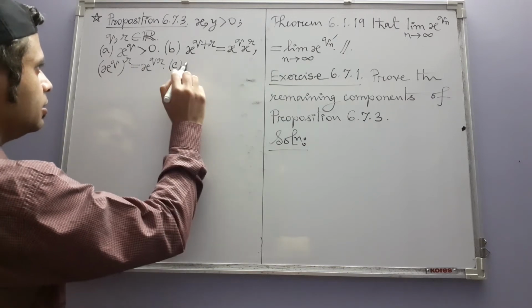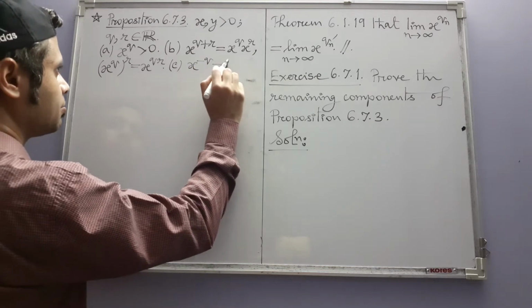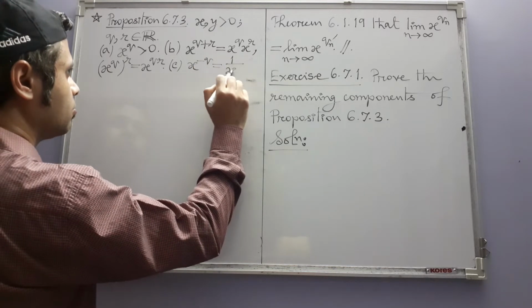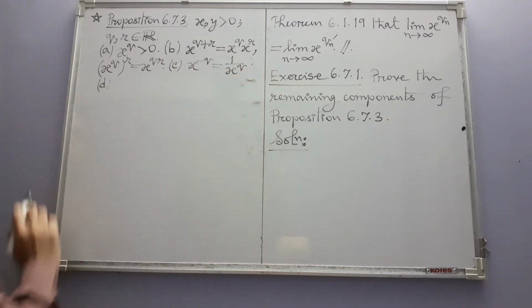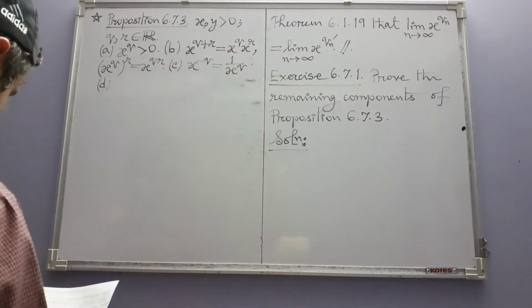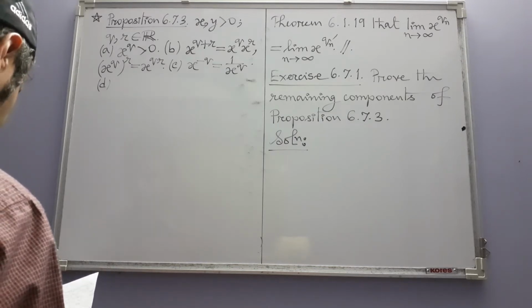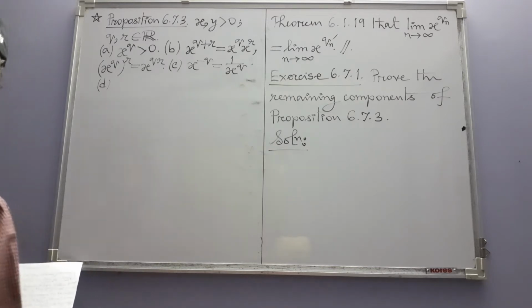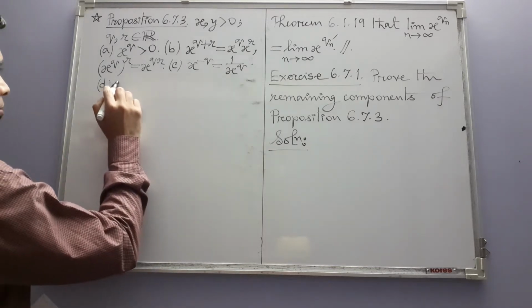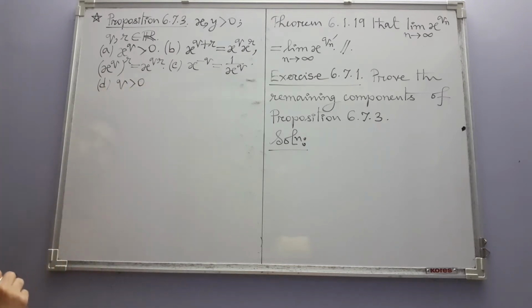Then part C is something like this: x to the power minus q is 1 over x to the power q. Parts D and E involve inequalities involving powers. q is given to be positive.